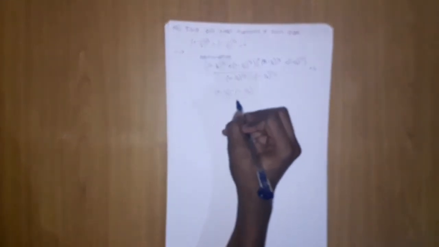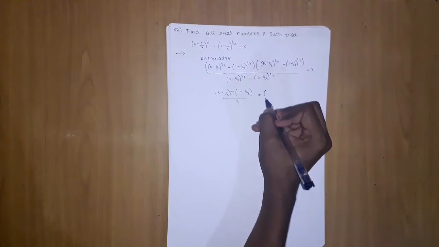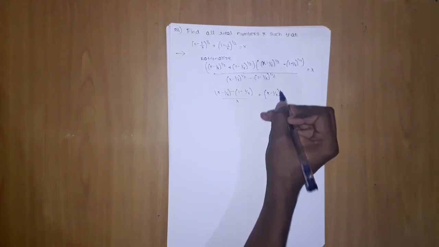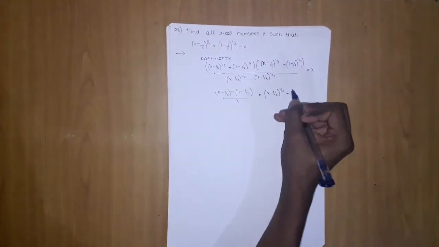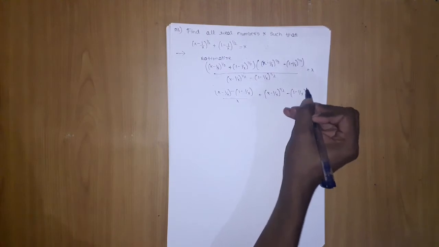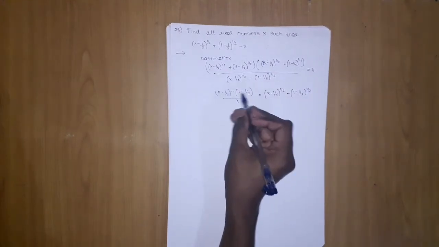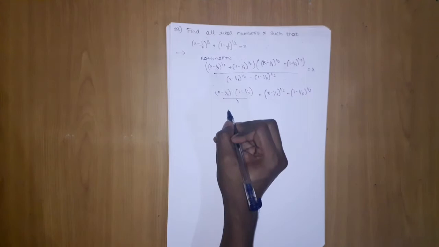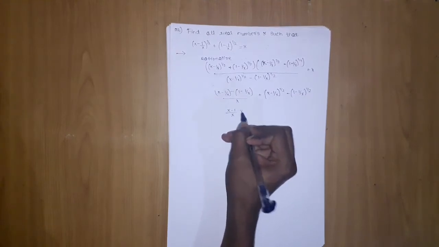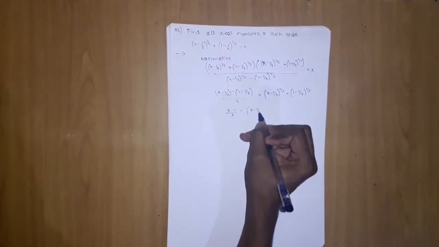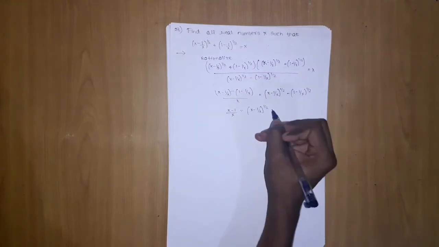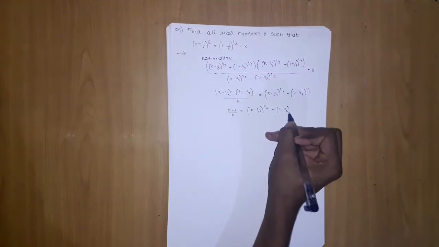If I bring this x here, we get x minus 1 upon x power 1 by 2 minus (1 minus 1 by x) power 1 by 2. Okay guys, now these two terms will cancel out, and we get x minus 1 upon x is equal to (x minus 1 upon x) power 1 by 2 minus (1 minus 1 by x) power 1 by 2.